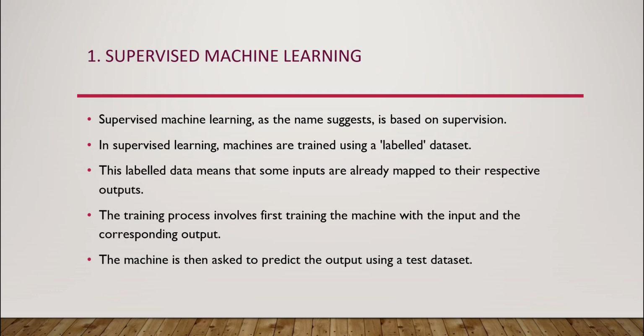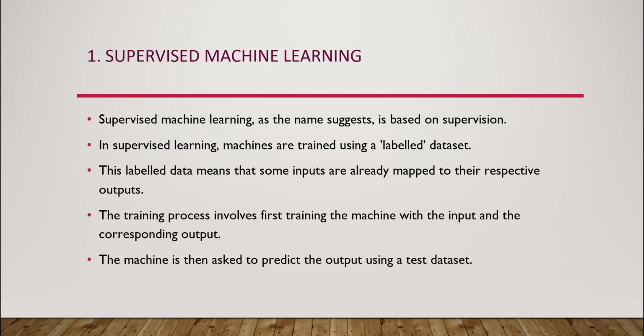If it was a cat and your model is not trained enough on the parameters, then it is possible that it will give you a wrong output. The machine is then asked to predict the output using a test data set. So we have the training data and we have the testing data. The training data is labeled and the testing data is not labeled.